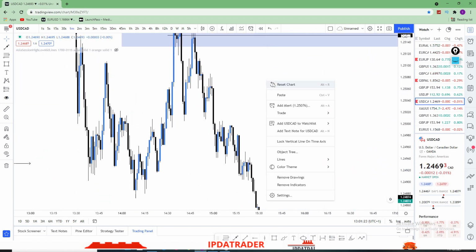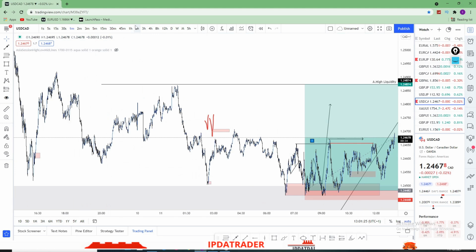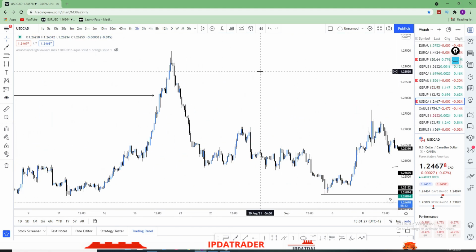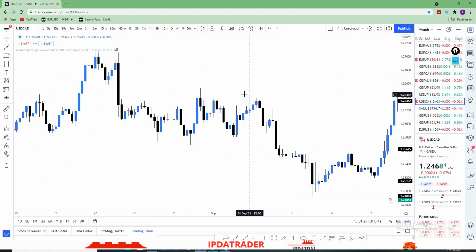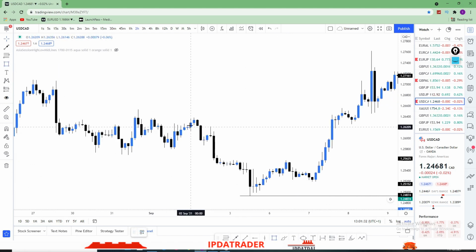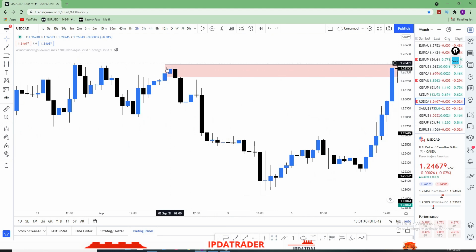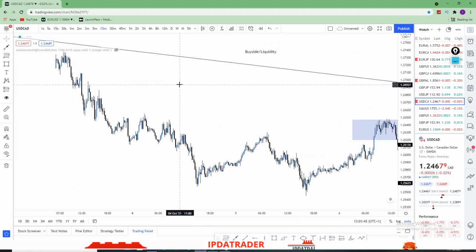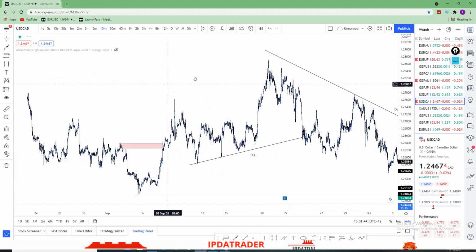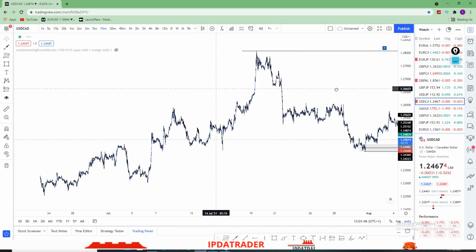So let's do that. Let me go to a slightly higher time frame. This right here, this bearish order block, just as we've been teaching in this section, is a valid bearish order block. Let's zoom in and try to find an IFC structure within that bearish order block.